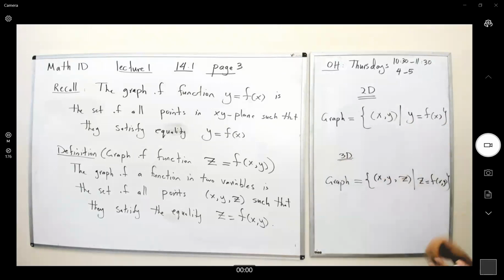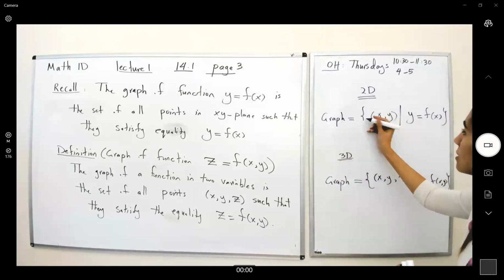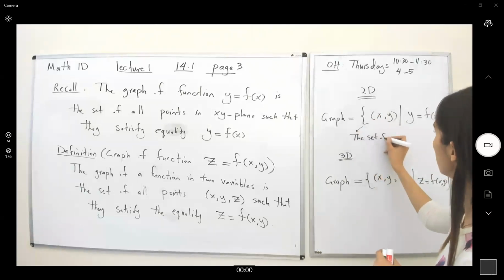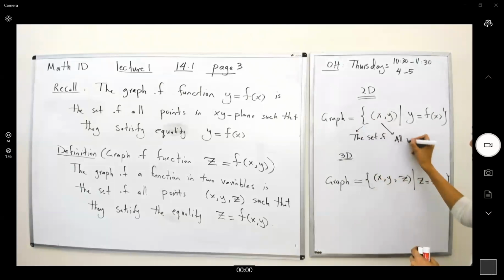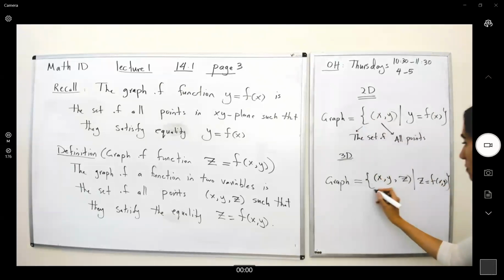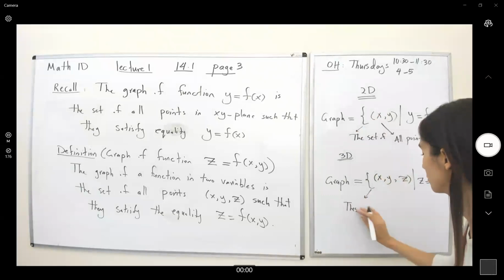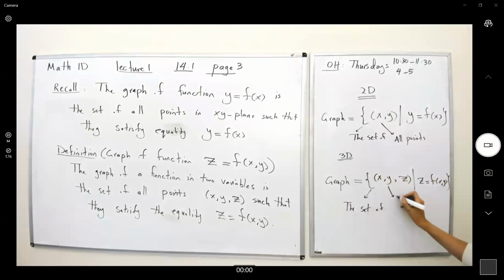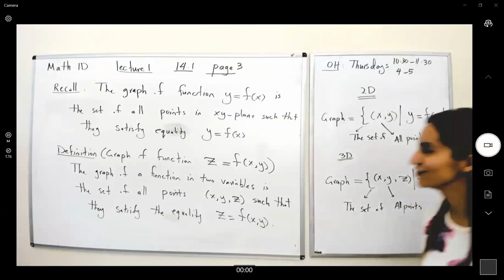When we use curly brackets, we read this as the set of all points such that, with the condition that this equality is true.